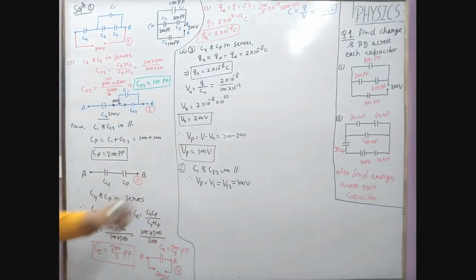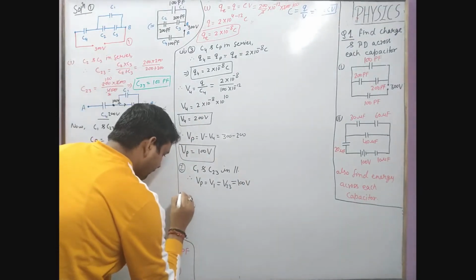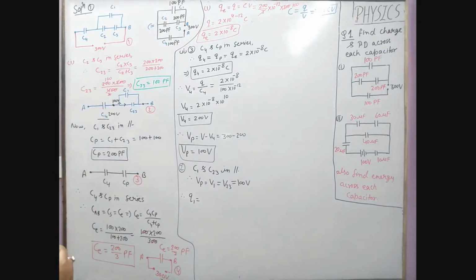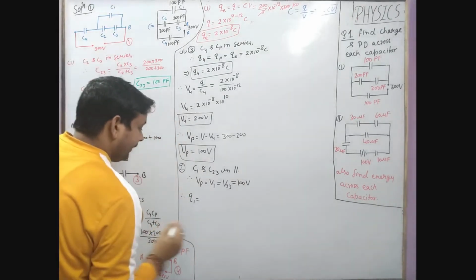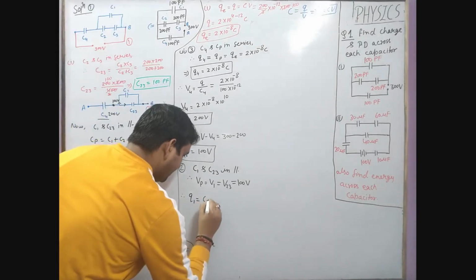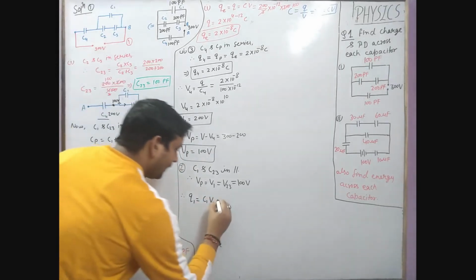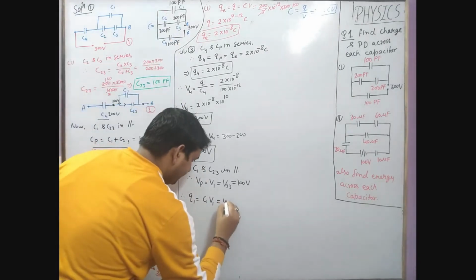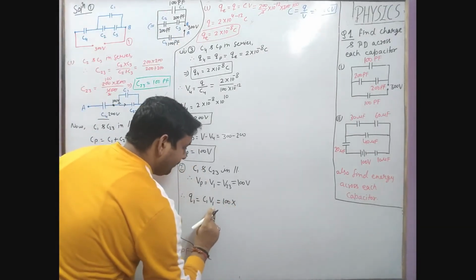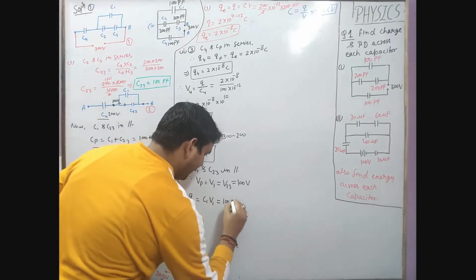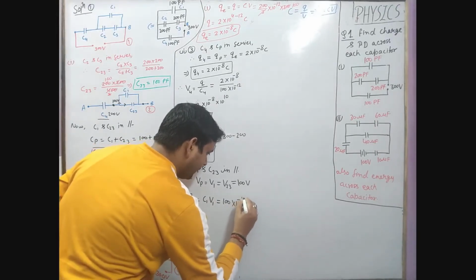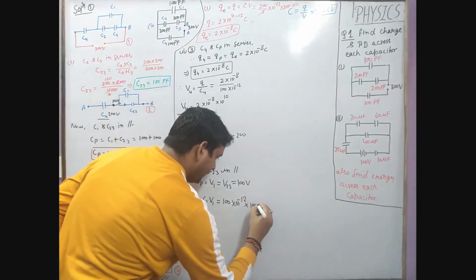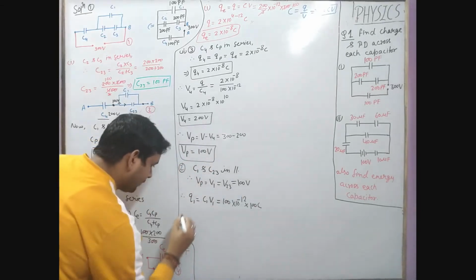Okay, now Q1 is equal to C1 V1. C1 we have 100 picofarad, which means 10 to the power minus 12, into V1 we have 100, and this will be in coulomb.